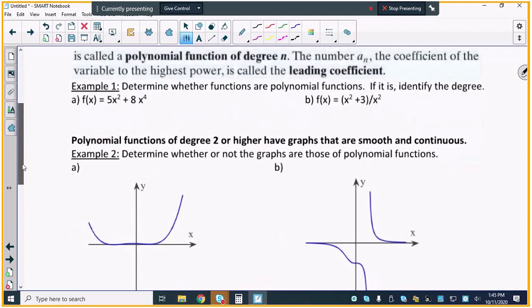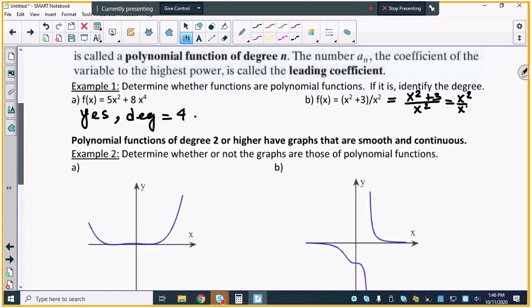So the first one, it is a polynomial function and the degree is the highest power. So I say that yes, it is a polynomial function and the degree of this polynomial function is 4. Next, f(x) equal to x squared plus 3 over x squared. First I want you to write it as x squared plus 3 over x squared, then distribute the division.